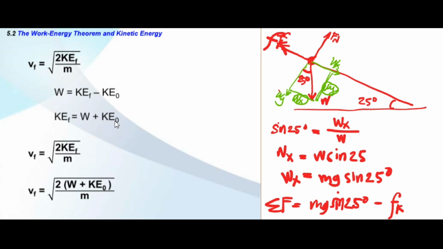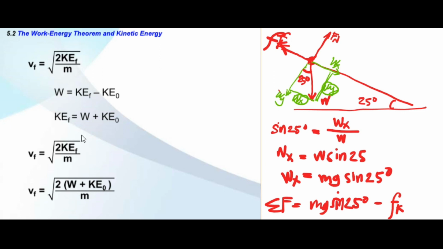Substituting this into our equation, Vf is the square root of 2 times the quantity W plus kinetic energy initial, all over m.